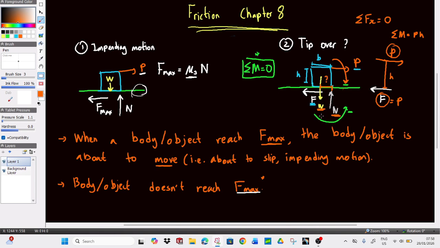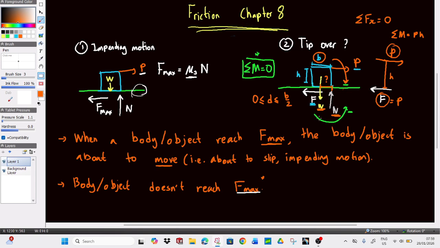What is that distance, you may ask? The distance is related to B. The distance between the normal force and the weight is somewhere between 0 and B over 2.